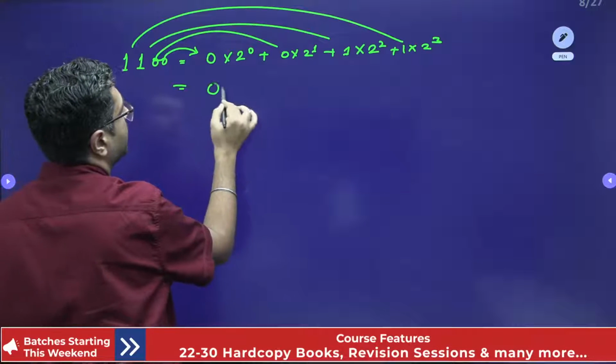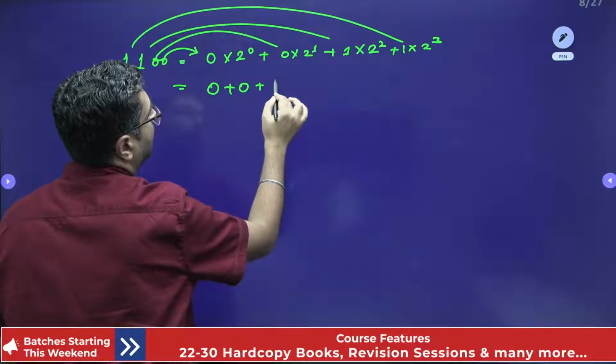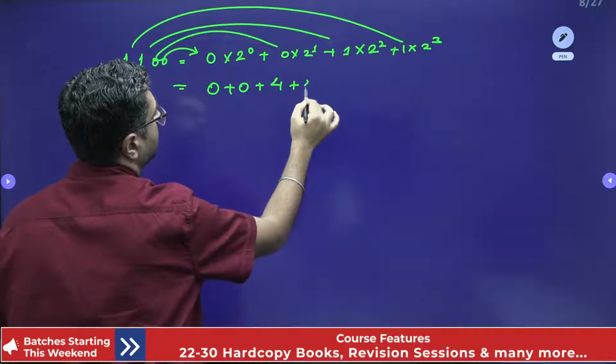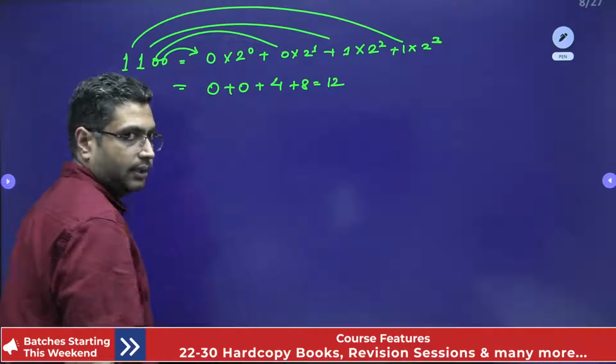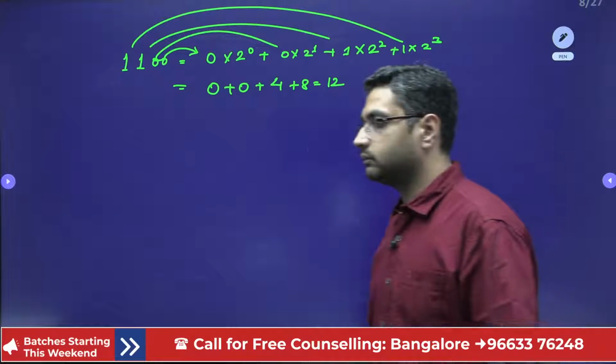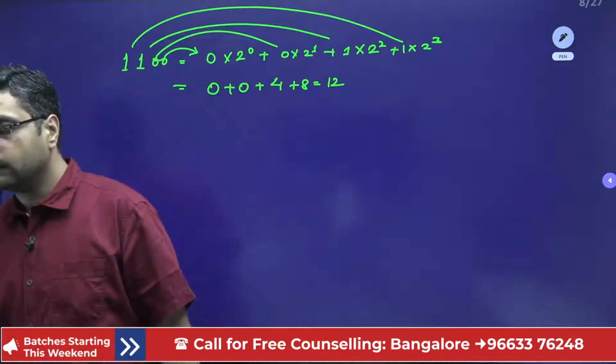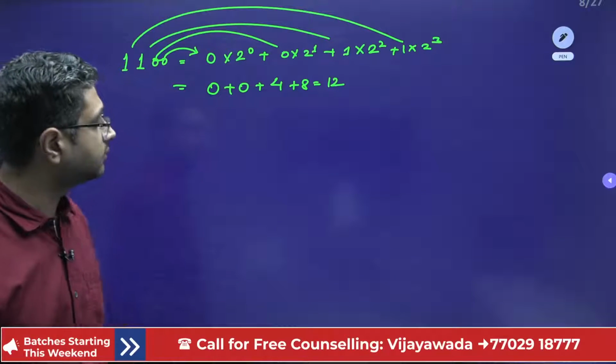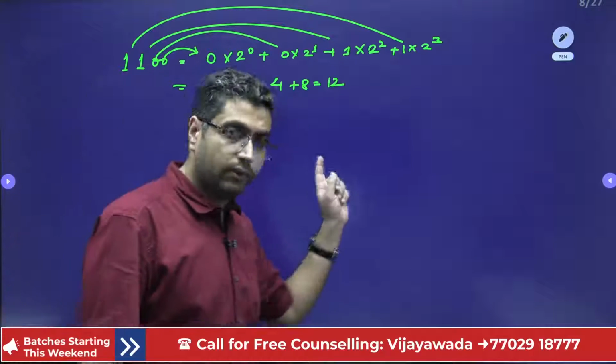What is this? 0 plus 0 plus 4 plus 8, you are going to get 12. Okay? So you are getting 12 here.